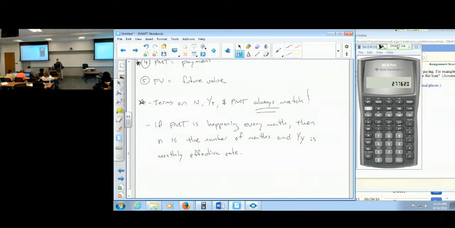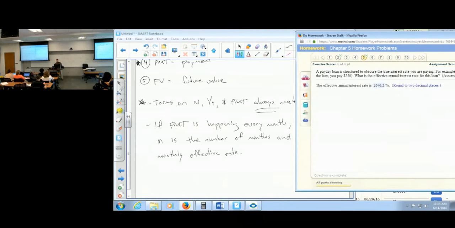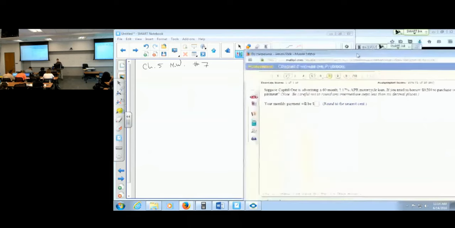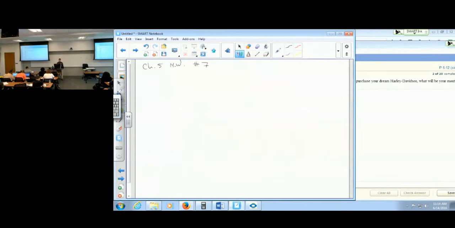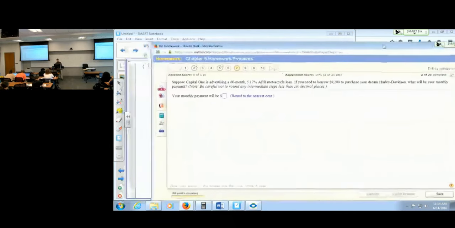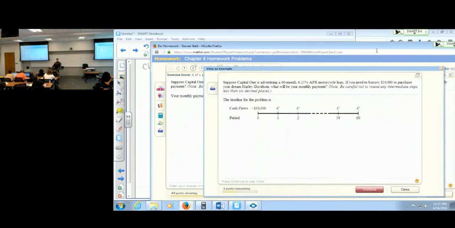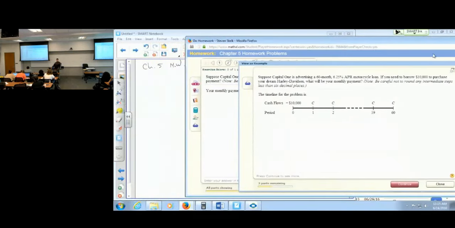Let's get some practice using this thing. Let's look at number 7 from chapter 5 onward. Actually, for the sake of being able to look back and see the same numbers, since we're learning how to use a new tool, let me pull up the example problem so we're all looking at the same ones.